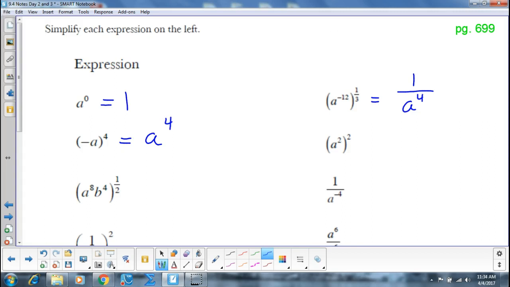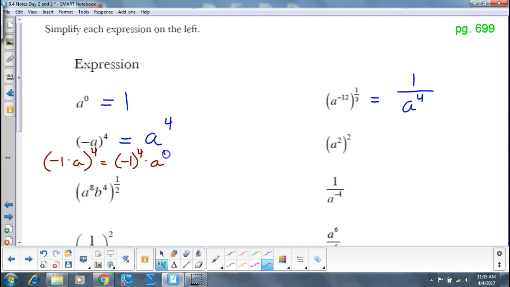Think about it one of two ways. This is negative 1 times a to the 4th power, which is negative 1 to the 4th power times a to the 4th power. Negative 1 times negative 1 times negative 1 times negative 1 is positive 1 times a to the 4th is a to the 4th. Okay?